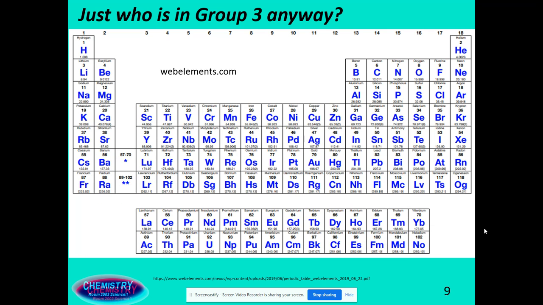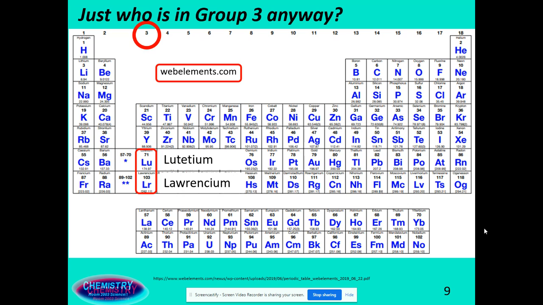So just who is in group 3 anyway? So there's another question we need to kind of look at briefly just so you're aware. Well, if you look at group 3, according to webelements.com, in periods 6 and 7, we have lutetium and lawrencium, with lanthanum and actinium beginning the 2 layers of the elements at the bottom.